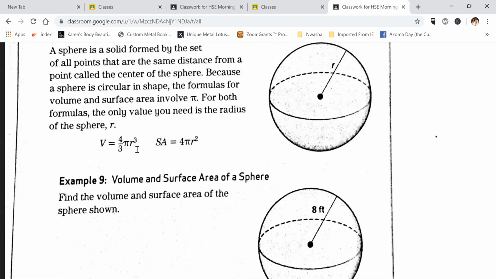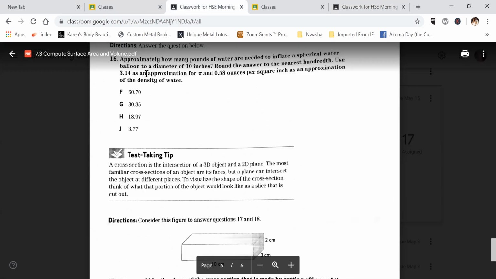Now the other part of this is, let's go back to the question. 0.58 ounces per square inch is the density of the water. So this is the second part, which we had another problem like this.